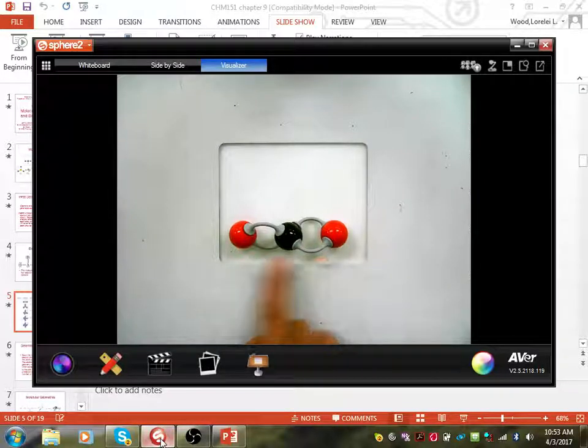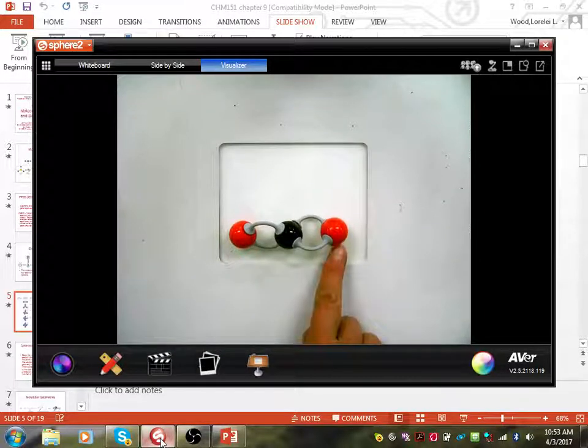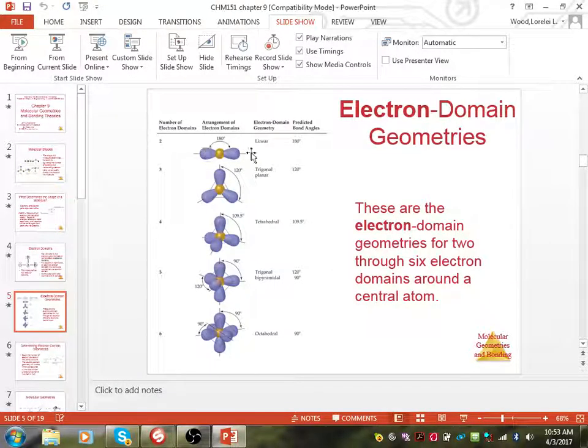Because it's got double bonds on each side, each of those double bond areas is considered only a single lobe of repulsion, or only a single electron domain. So if I look at the angle between the oxygens in CO2, that angle is 180 degrees. So that's something that's important when you're talking about molecular geometry. So that's a linear molecule.